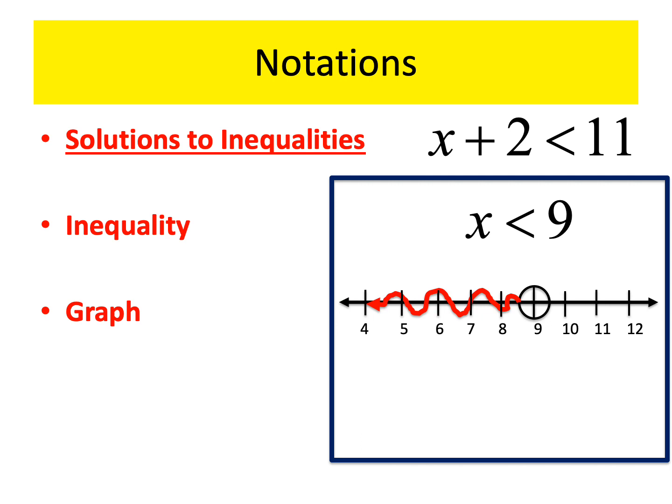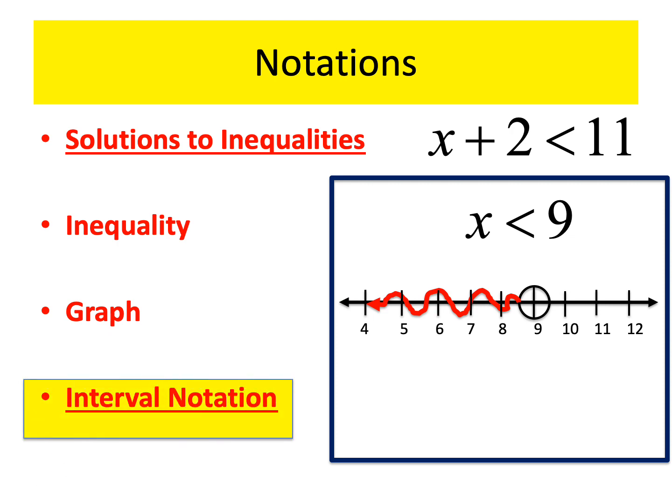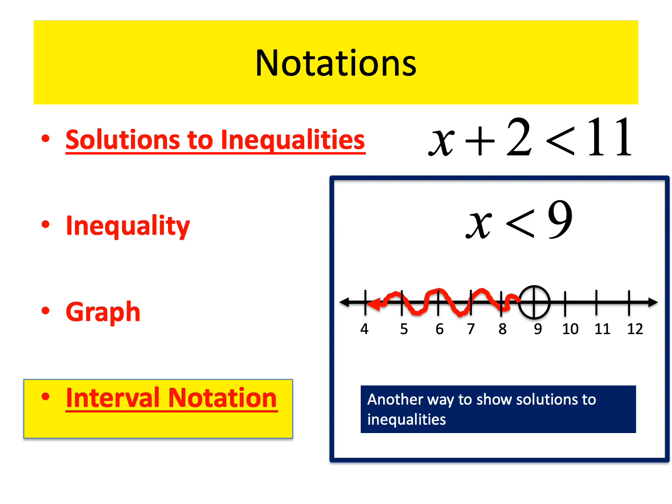And this isn't just computer science reasons. There's also an easier, more concise way of writing the answer. And it's called interval notation. Interval notation is the way to show solutions. So it accomplishes the same as the graph, and it accomplishes the same as the actual solution, x is less than 9. It just does it in a different form.